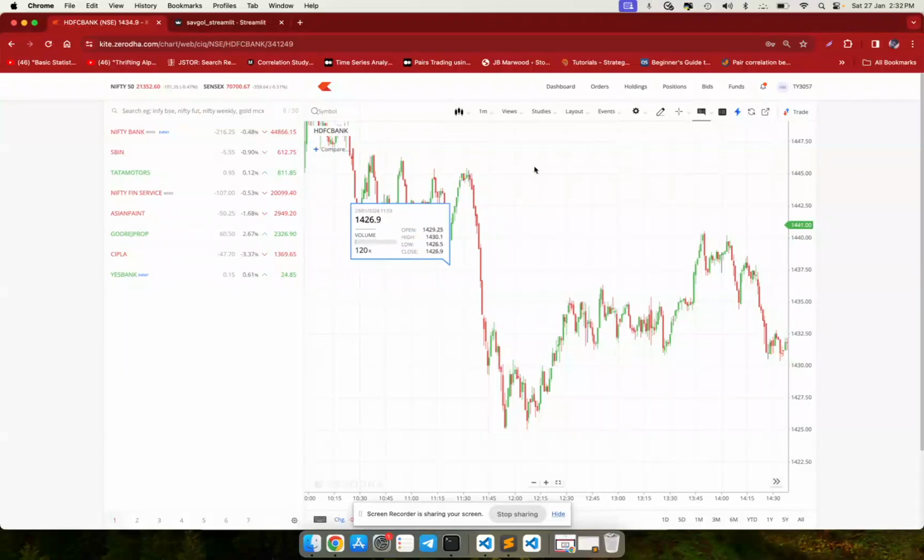Oftentimes we see in the market this series of big red candles. When we see a breakout like this, we feel we should have traded it. And it is a breakout from the previous levels, as you can see, these peaks and troughs, and this trough breakout is this breakout.